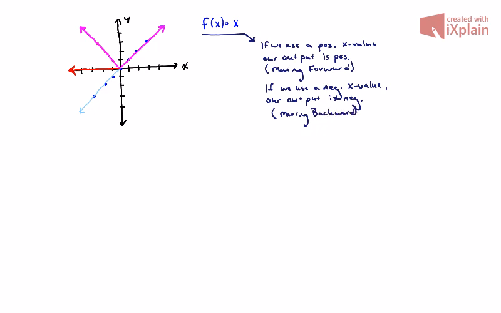But we have a very interesting situation when we turn our focus to the absolute value function. What do you know about the outputs every time you put in anything for your input, whether it's positive, negative, or zero? And hopefully what you're saying is, well, I get a positive number out no matter what. This is because the absolute value function measures distance from zero.